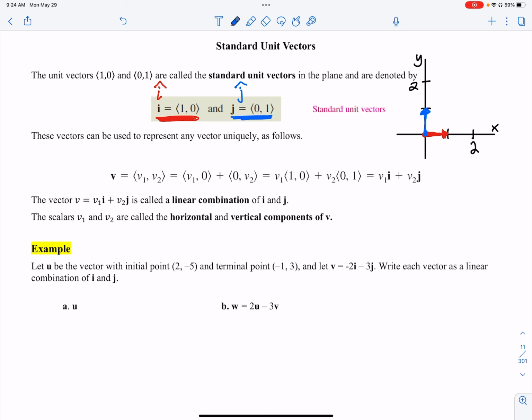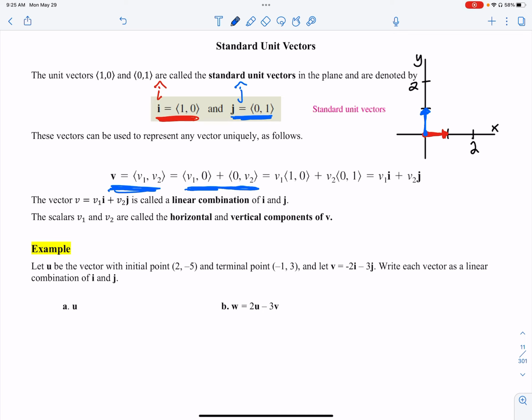Let me show you this next line, which runs through the logic using this. Assume we have a vector ⟨v1, v2⟩. I can split this vector up. Make sure you agree with this. Anytime you have equalities, you need to make sure you agree with every equality before you go to the next one. This makes sense because I can separate it addition-wise, because when I add it back, I just add v1 and 0, and I add 0 and v2, getting me back to where I was.